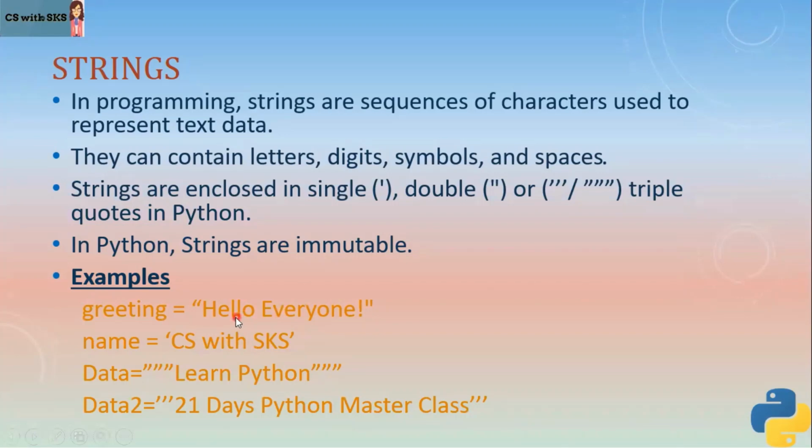If you look here, the double quotes and single quotes give single-line strings. And when we talk about triple quotes, whether using double quotes or single quotes, these can be multi-line strings. So once you start and keep on pressing enter, enter, enter, and in the end you close it with a triple quote, that becomes your multi-line string, right?